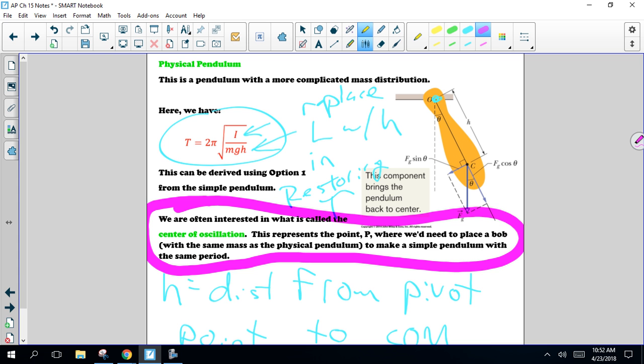The center of oscillation represents a point at which you could concentrate all of the mass to get the same period. In other words, if I wanted to replace this pendulum with a simple pendulum that had the same period, then how long would that pendulum have to be?